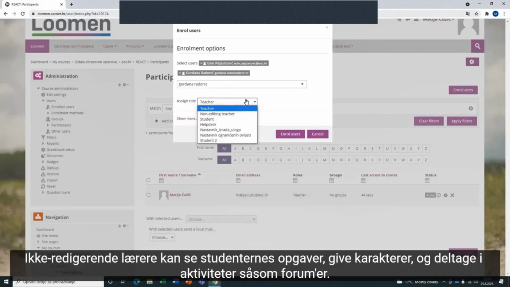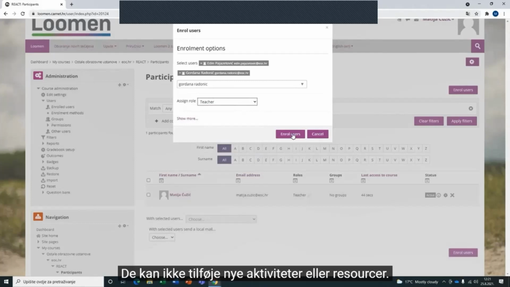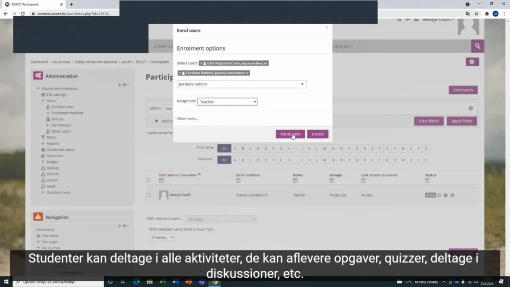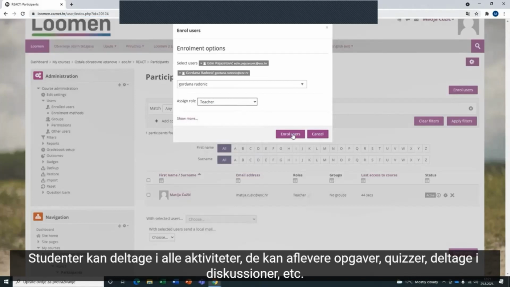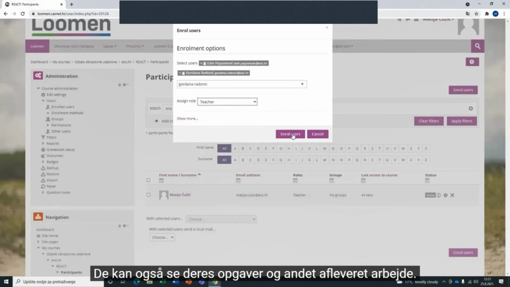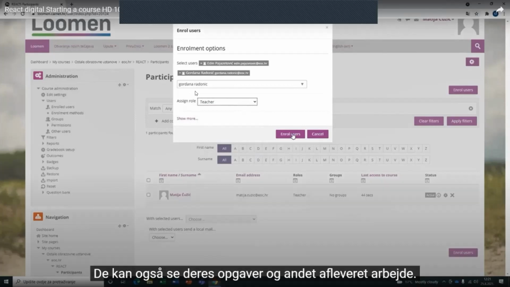Non-editing teachers can view students' assignments, grade students, and participate in activities such as forums. They cannot add activities or resources. Students can participate in all activities. They can submit assignments, quizzes, participate in discussions, etc. They can also view their assignments and other submitted work.